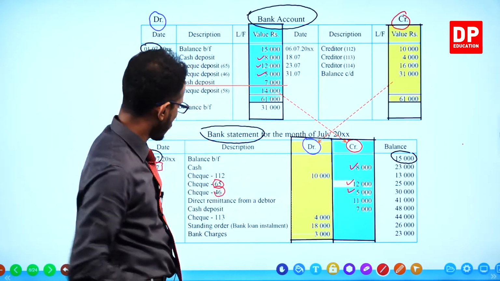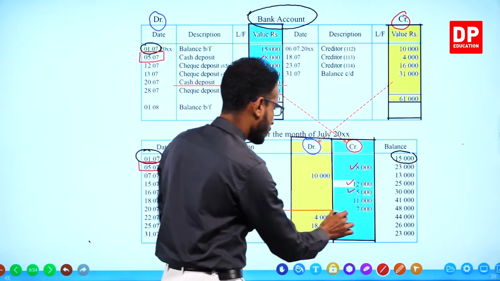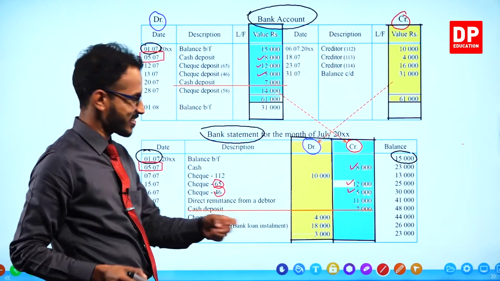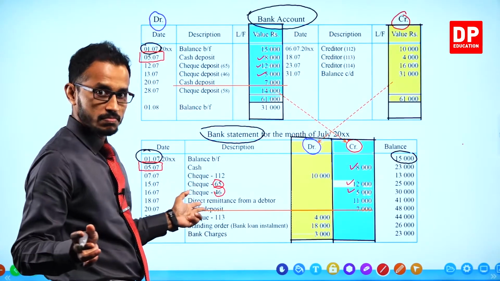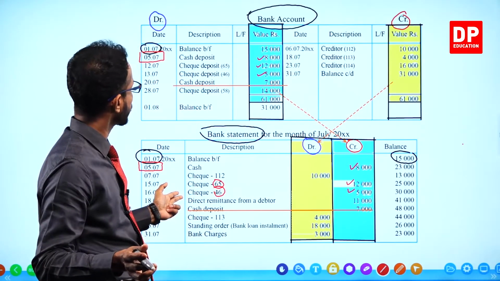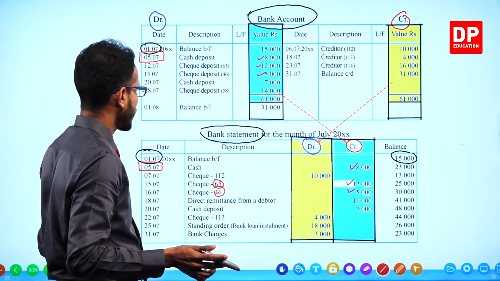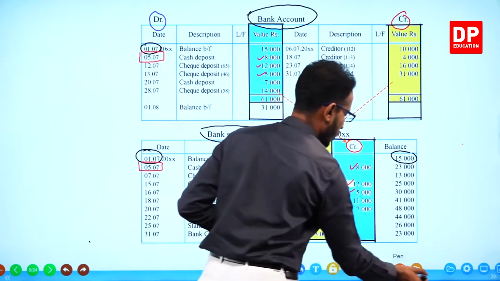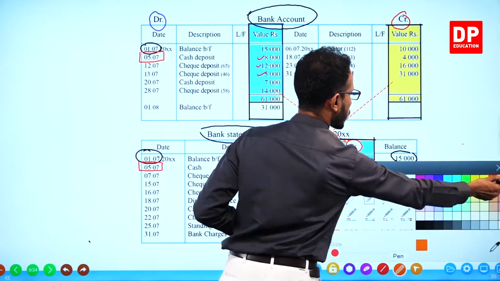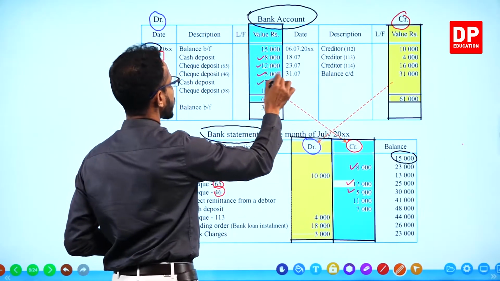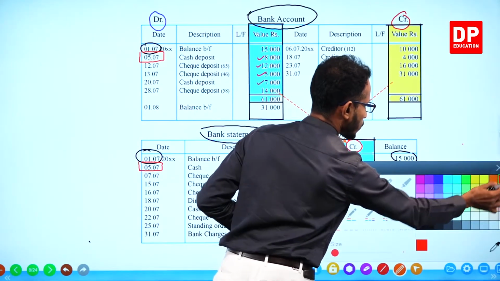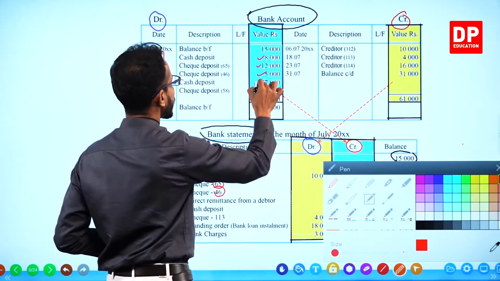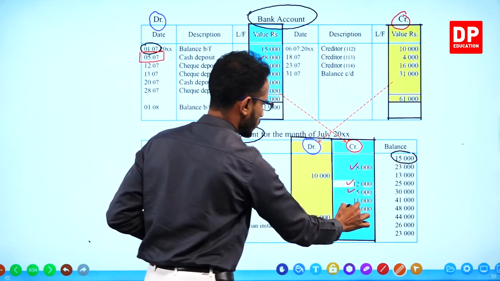Oh, it's there. No problem. Cash deposit 7,000 is there. Okay, it's there. No problem up to now. We will tick it with red color. 7,000 is there.